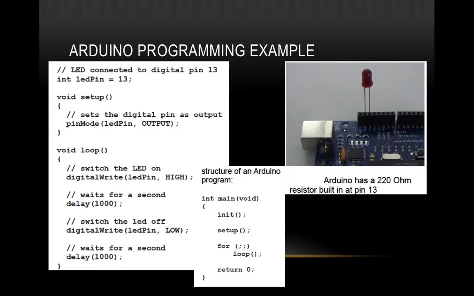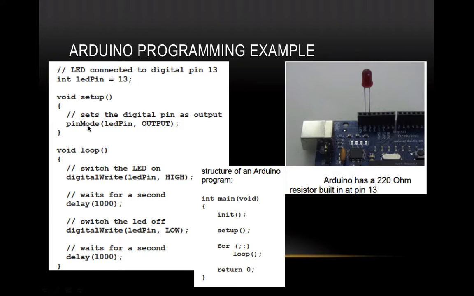So in order to implement this very simple design, we first define where our LED is connected. We define a variable called LED pin, and we say it is equal to 13, which is nothing but that the 13th pin is containing an LED.